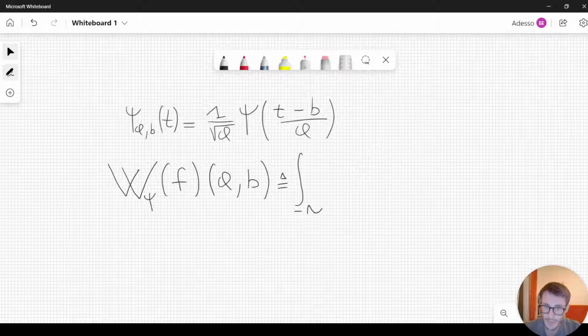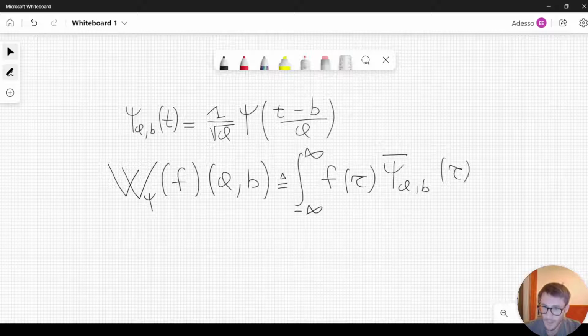It's an integral from minus infinity to plus infinity of the function f of tau, to which we apply the wavelet transform, and then we have psi bar, which is the complex conjugate of psi ab. So we have psi bar ab of tau d tau. This is the starting point that we consider in this lecture.